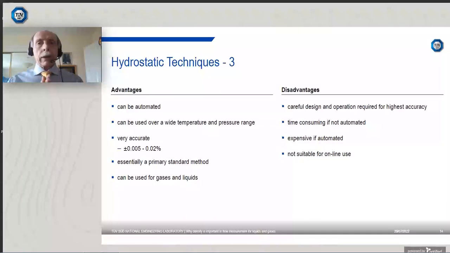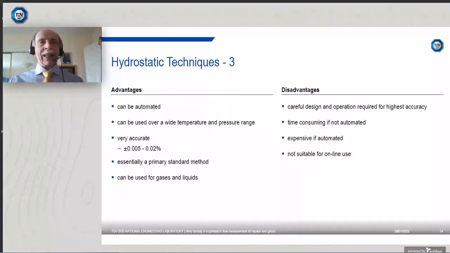However, I've already alluded to the fact that if you're using them over extended temperature and pressure ranges, then you need careful design and you need to account for effects of temperature and pressure on volumes of components, secondary buoyancy effects, etc. If they're not automated, they can be very time consuming.